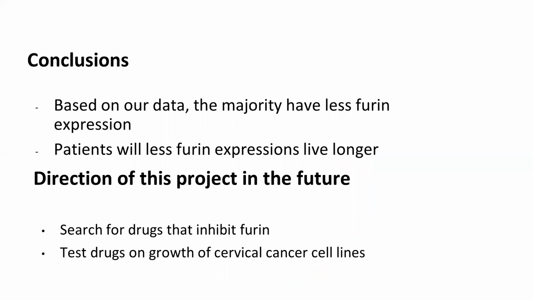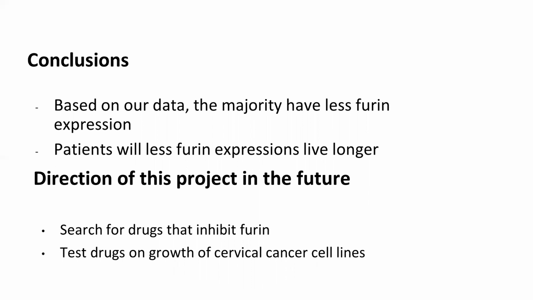Based on our data set, the majority have less furin expression. That means most of the patients whose data were collected have less furin expression, and the patients that have less furin expression tend to live longer, and patients that have a higher furin expression tend to have a shorter lifespan.